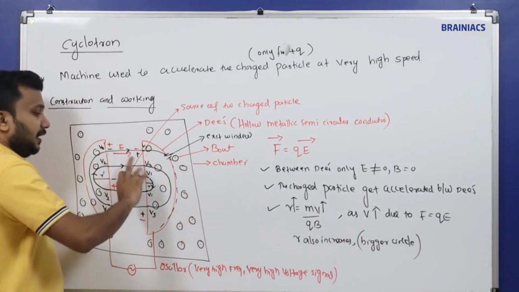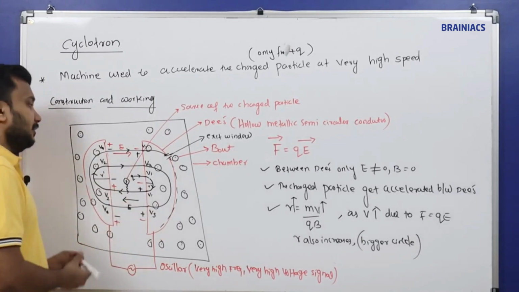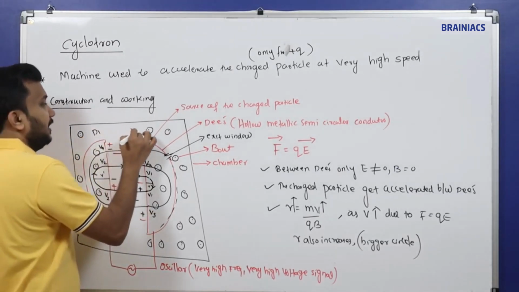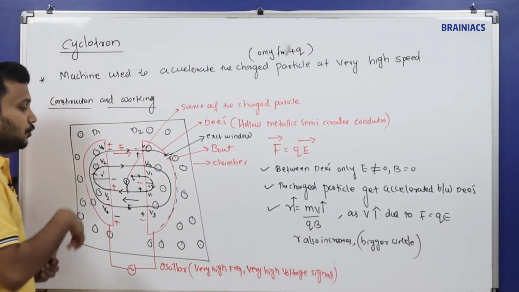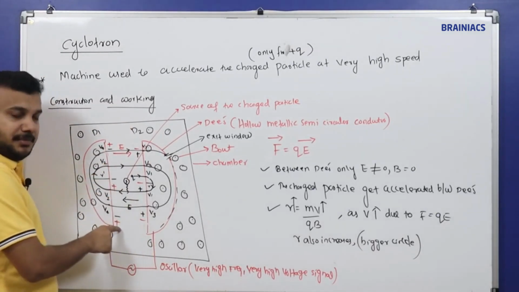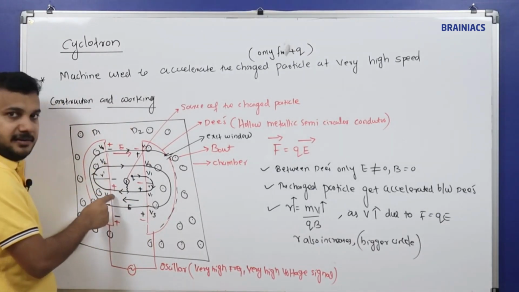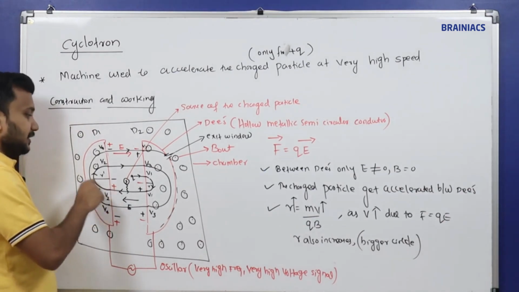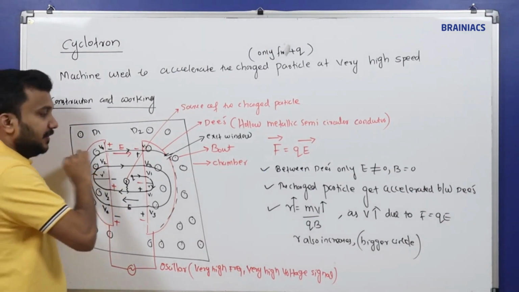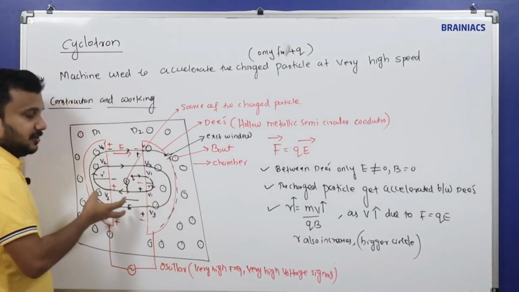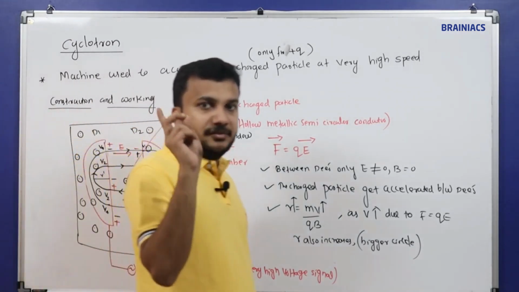Then what will happen? Now you can call them D1 and D2. Now D2 becomes positive and D1 becomes negative. Again it is accelerated. Then it undergoes circular motion with constant speed. Then accelerated, then constant speed. This process will continue.